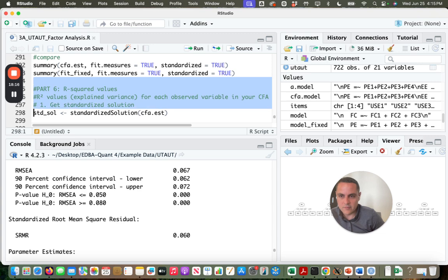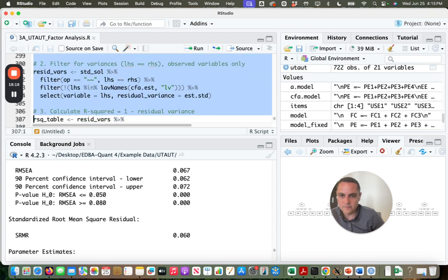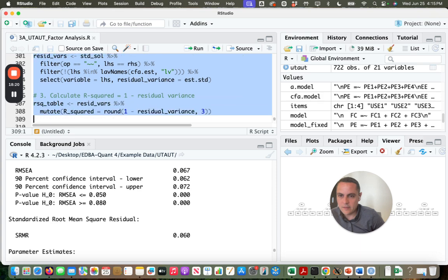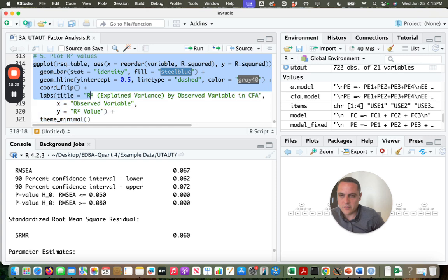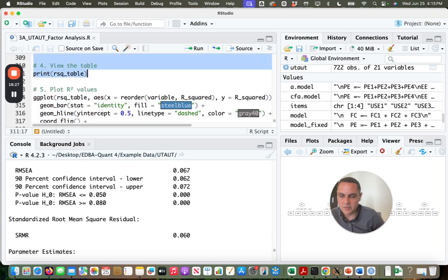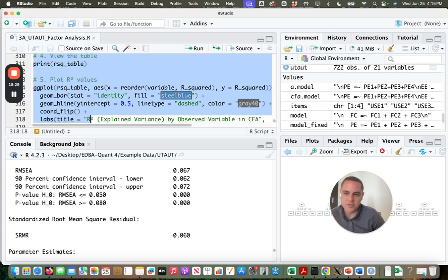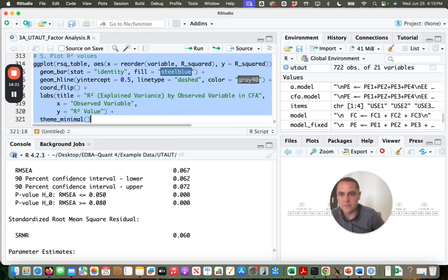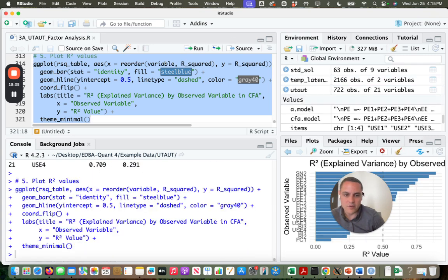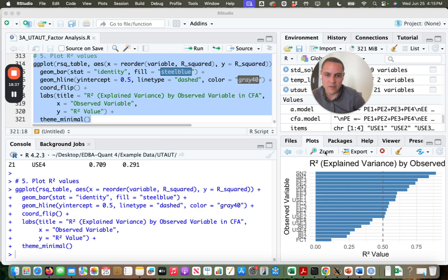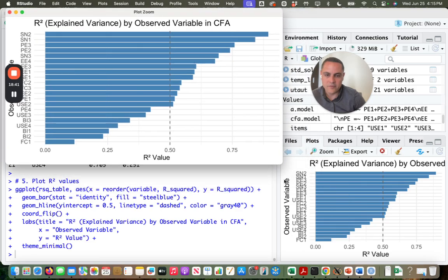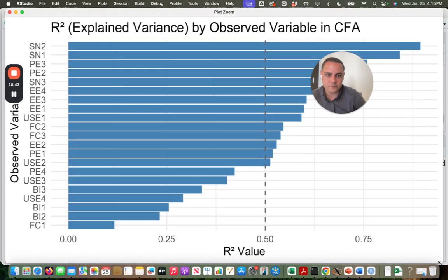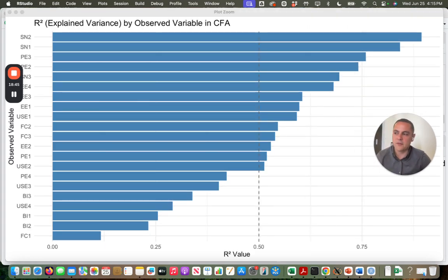We'll look at the table, and there's also a plot. The functions are pre-populated for you. We're drawing a line within the plot at 0.5, right? So 0.5 is where that line is drawn.